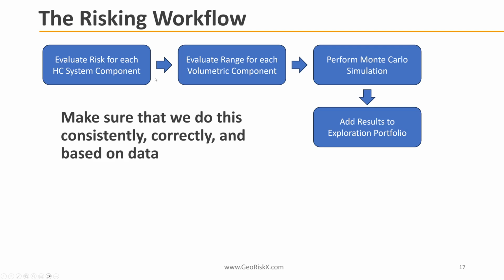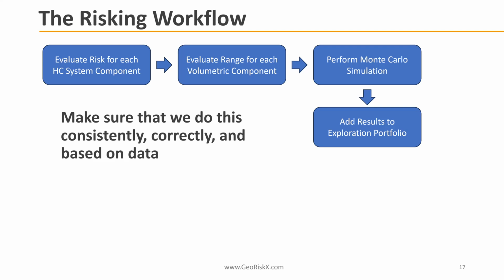Step one is evaluating the risk for each hydrocarbon system component. The next step is we are then going to evaluate the range of volumetric outcomes for each component. So we are going to look at, what is the range for our area, our thickness, our porosity, our saturation, and so on.